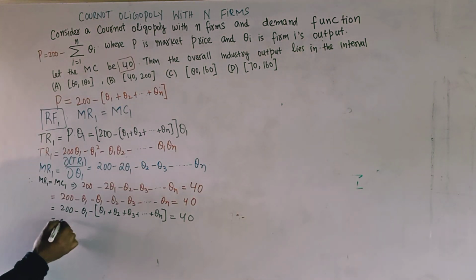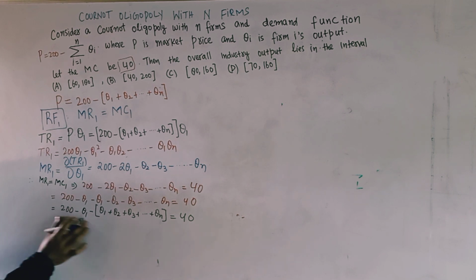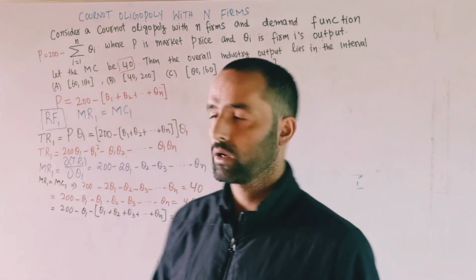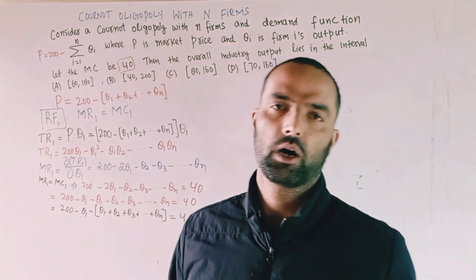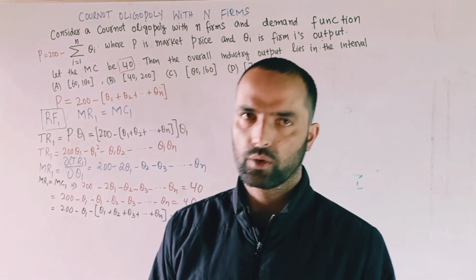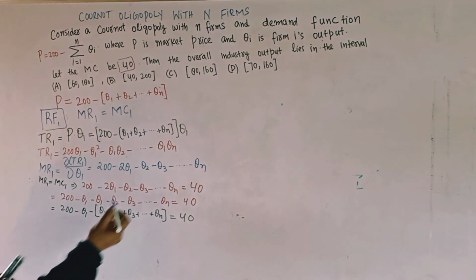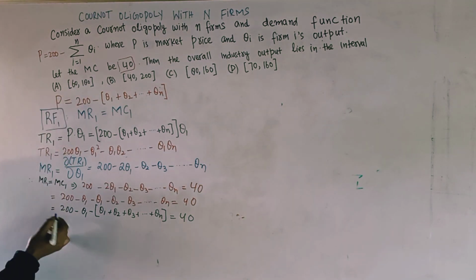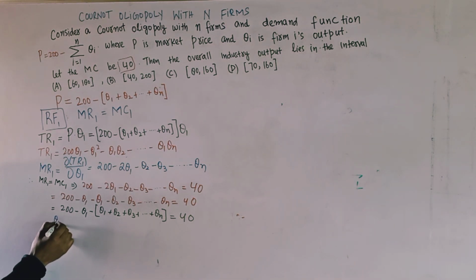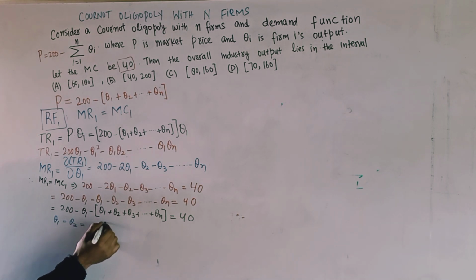Since the firms in this oligopoly have the same marginal cost, the cost function of each firm is the same, meaning each firm will produce the same amount of output. By symmetry, since the firms are symmetric, the output of firm 1 equals the output of firm 2 equals the output of firm n.